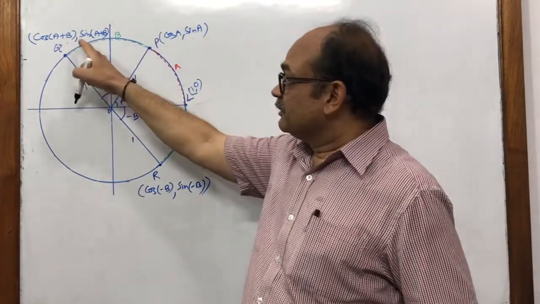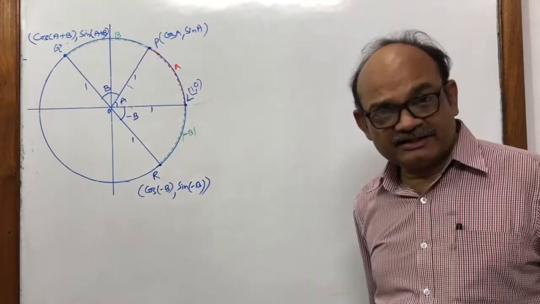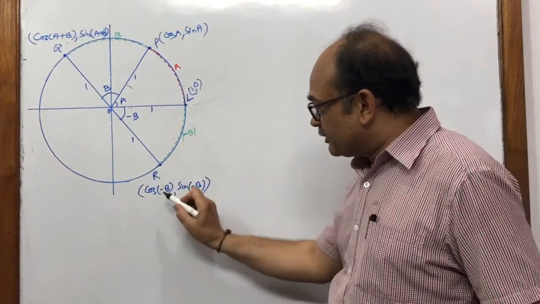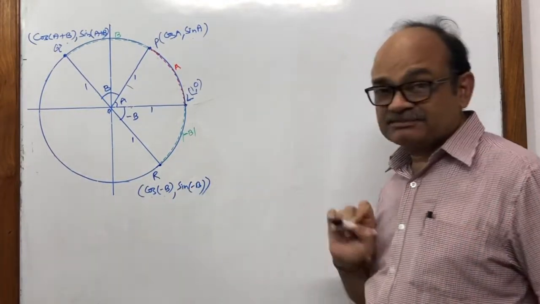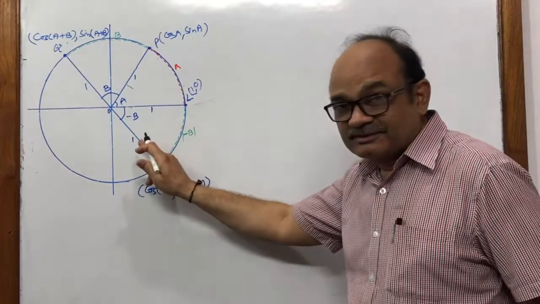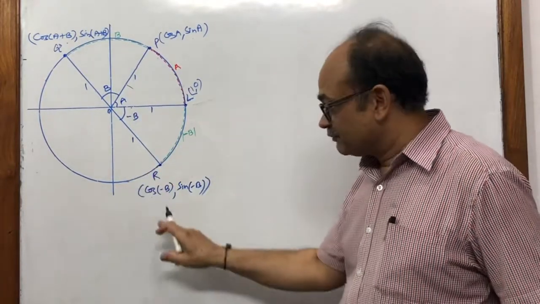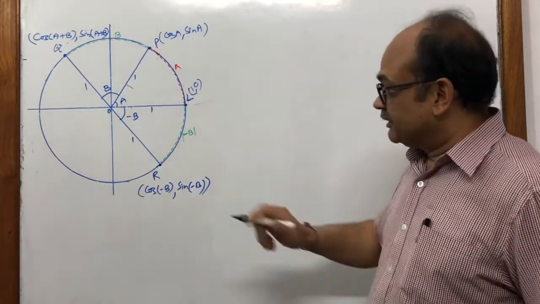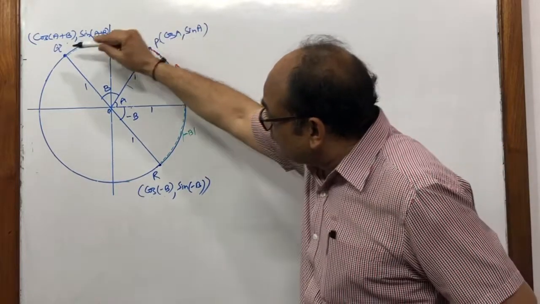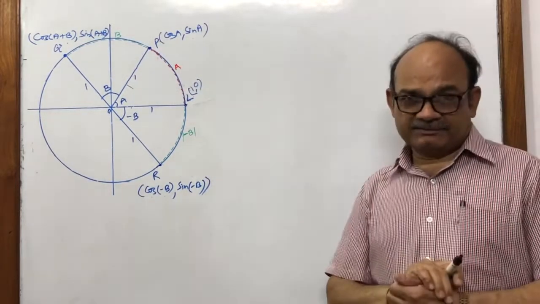Cos(A plus B), sin(A plus B). Very clear. Similarly, this coordinate is cos(minus B), sin(minus B), because we are going negative, clockwise. So now we have all three coordinates P, Q and R.